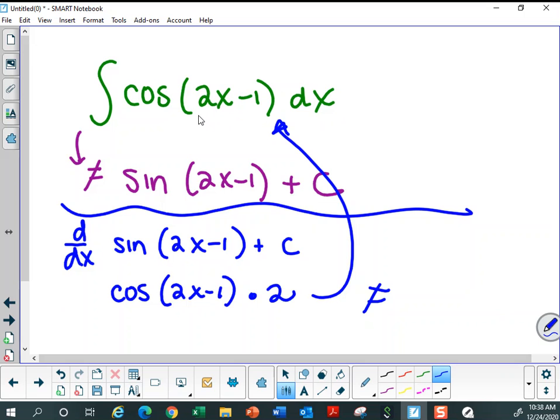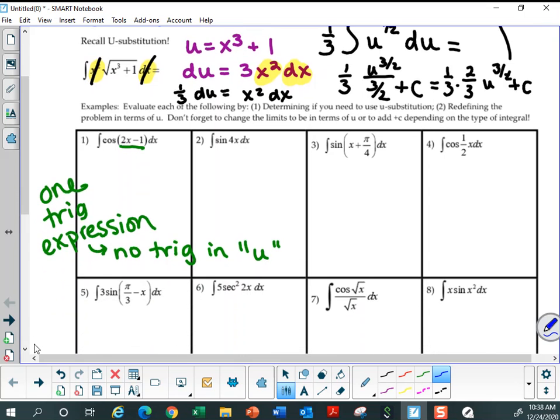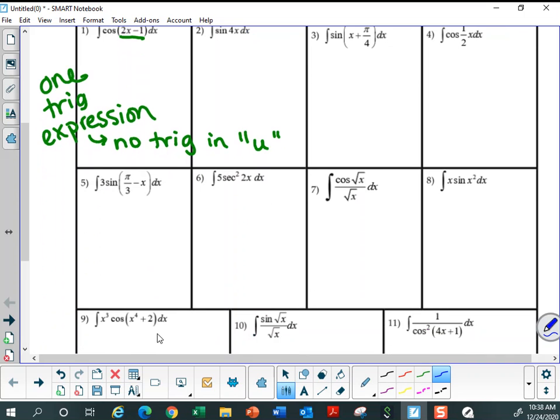You're going to most likely have to use a u substitution when you've got a single trig function, and you're going to need to use the u to represent the argument of your trig function. So as I look at all of these, I kind of see the exact same thing happening on all of them.